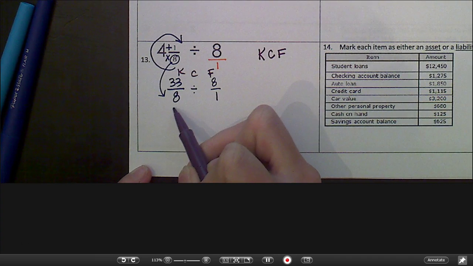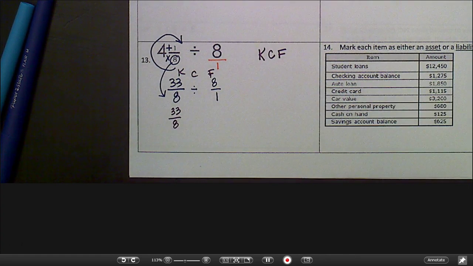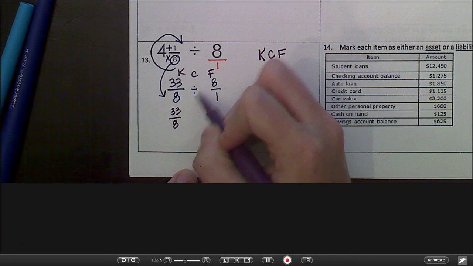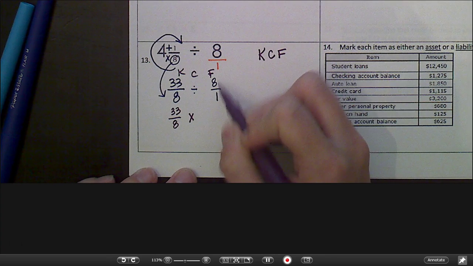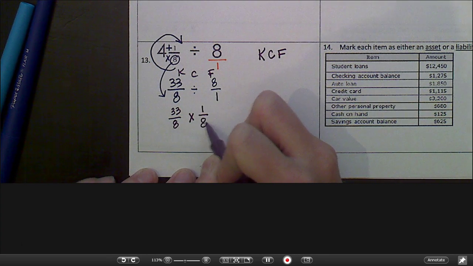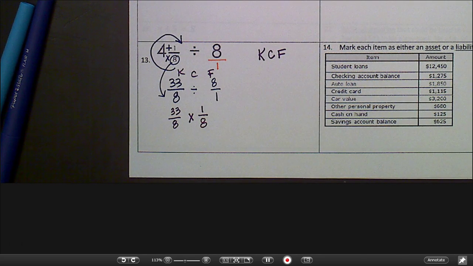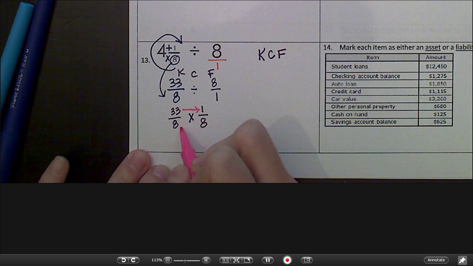So we're going to keep our first fraction here, it's our improper. Change our divide to multiply and flip our last fraction. Good. Alright, this is super easy now because all we have to do is go straight across.